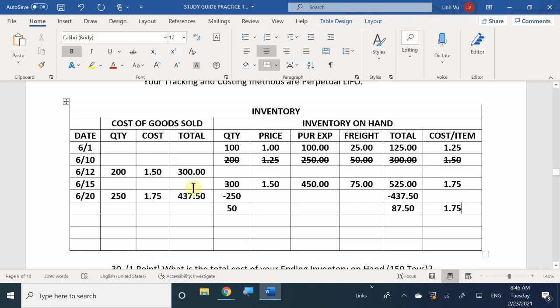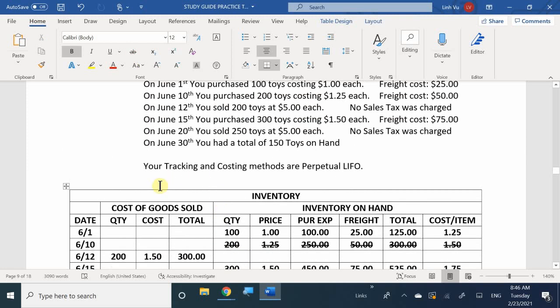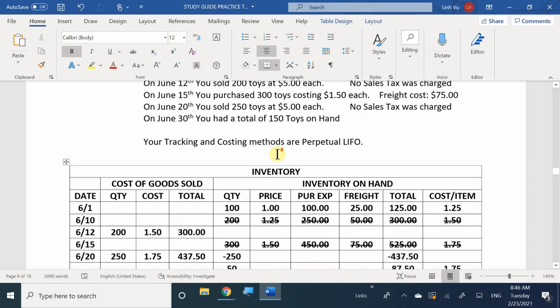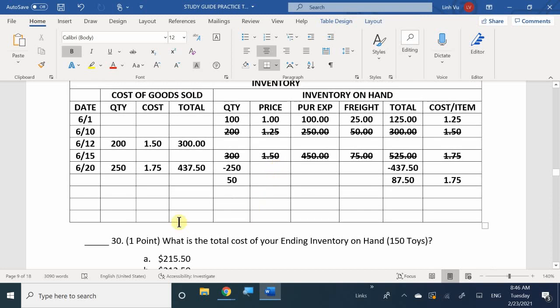Then I'm going to eliminate this batch here. Now that I have my new batch of 50 and my 100 batch left, I should have at the end of June 30th a total of 150 units left. And that's true. So at the very bottom, I'm going to total up my values.